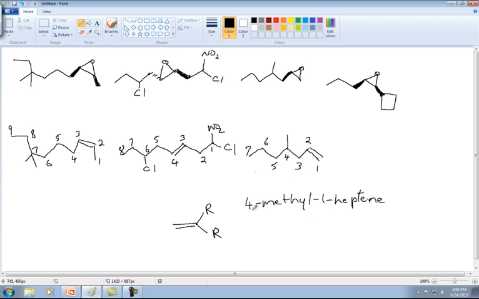There's no cis or trans or anything out the front, it's just blank because there is no cis or trans associated with this, so it's 4-methyl-1-heptene, and then to get the name of the epoxide it's just going to be 4-methyl-1-heptene and then space oxide.